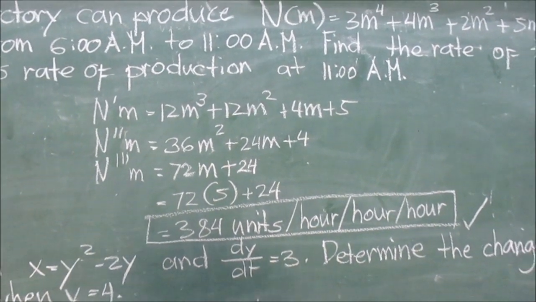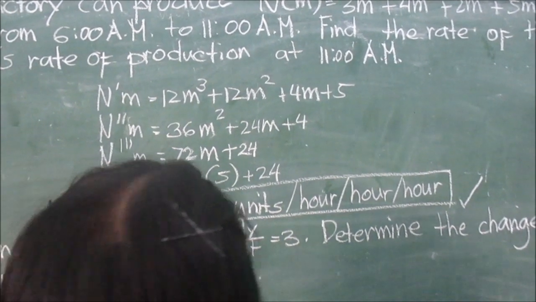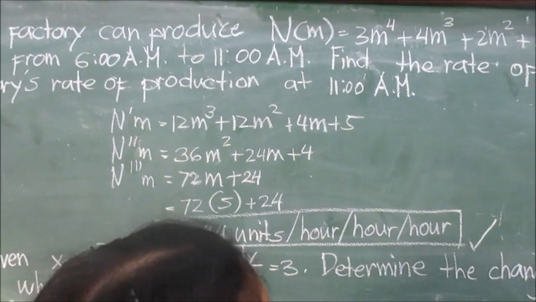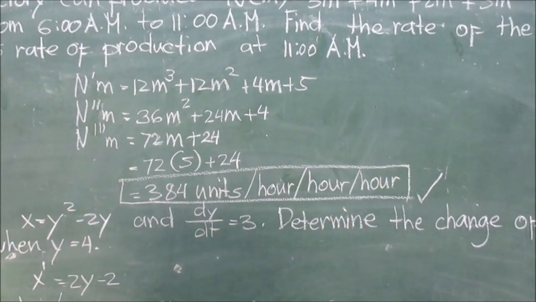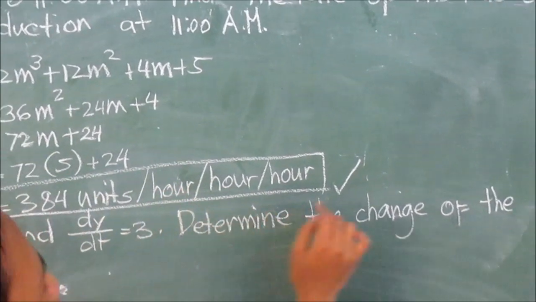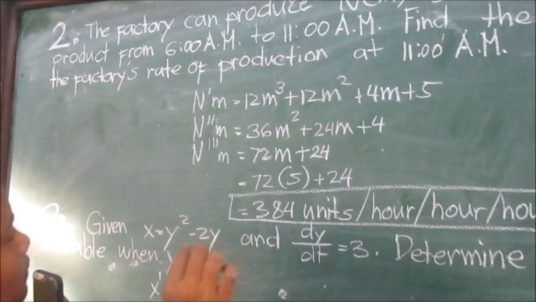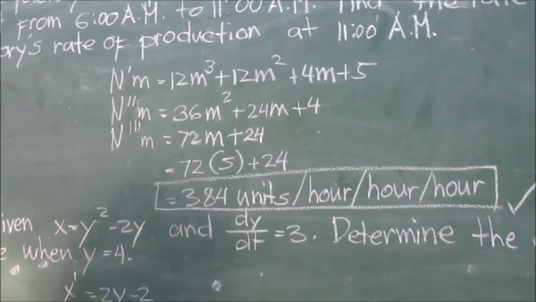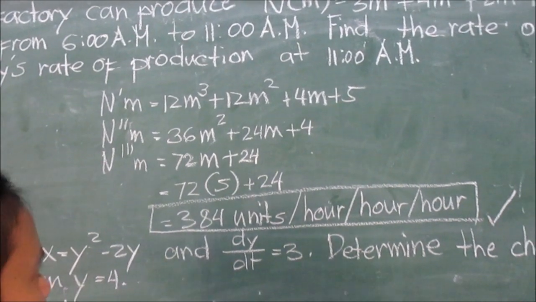Next, but before all of this, we should give attention to the repeated words from what I said earlier. So in this case, we have the rate of the factory's rate. So it means that we need to find the n third prime of m.